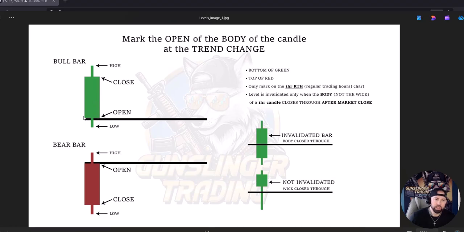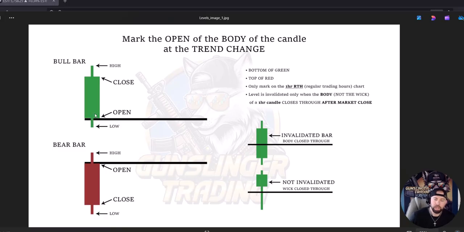So when a candlestick, I'm assuming you all know how a candlestick works, opens here and it goes up. In this case, this candle opened here, it went down, and then it came back up and moved all the way up to here and then it came down and closed here. So we want to mark the open of the body of the candle at the trend change.